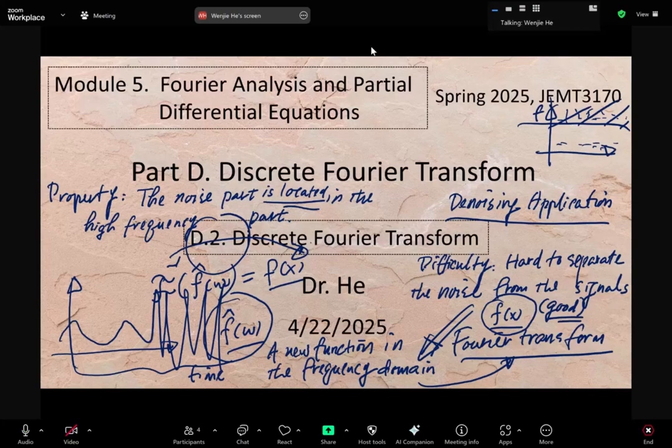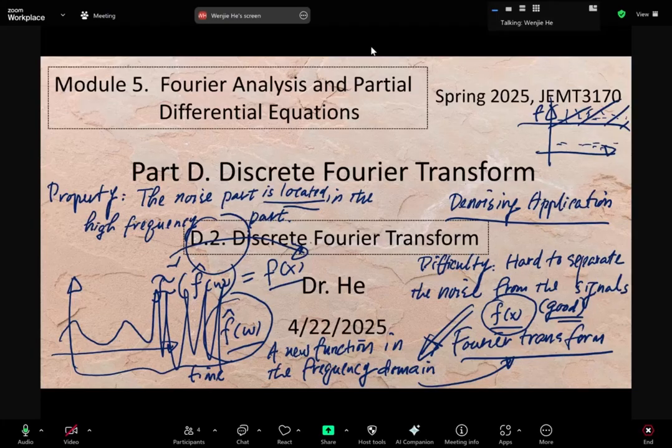Then the signal you recovered has the noise reduced significantly, with only slight, minor good signal loss. You can accept the processing result. That's the idea.